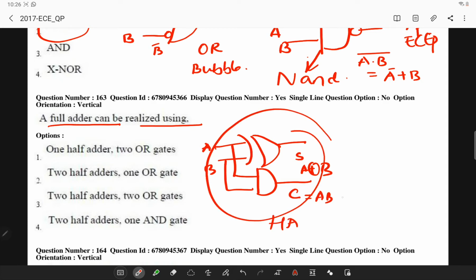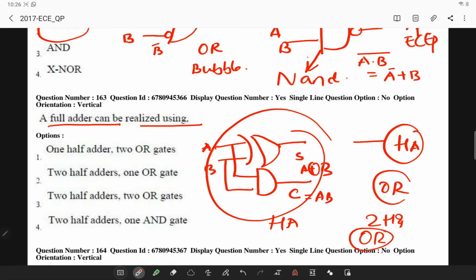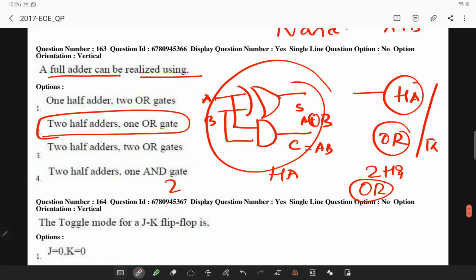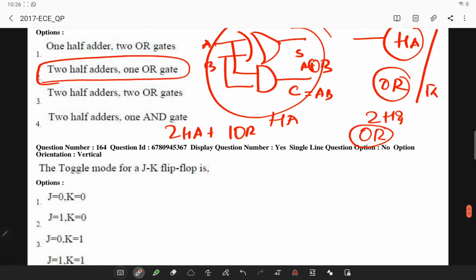Now if I give the same to another half adder, so if I have two half adders and one OR gate, I can implement a full adder. So observe the answer. You need two half adders and one OR gate to implement a full adder.